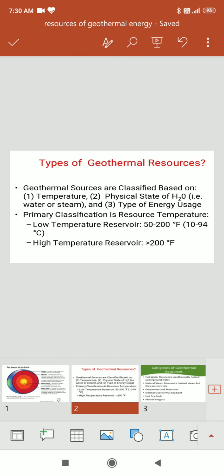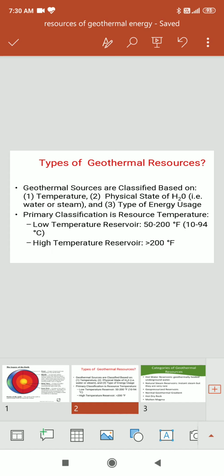So before going to discuss the resources of geothermal energy, what are the considerations for how geothermal energy sources are classified? Based on mainly three. First one, temperature. So what is the temperature range of the geothermal energy?